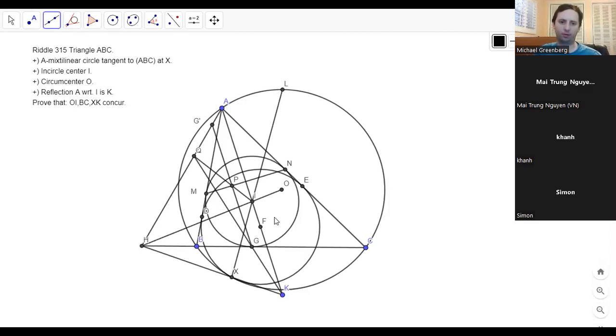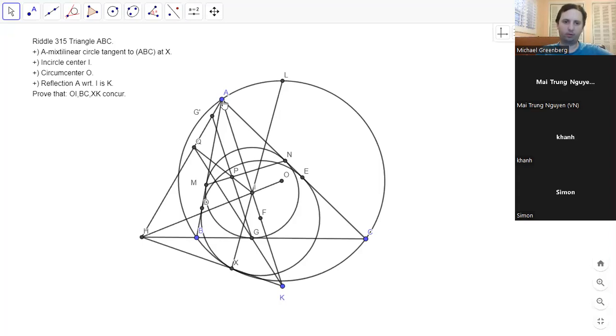Sorry if it's obvious. Okay, that's what you were saying with the antipode of L.